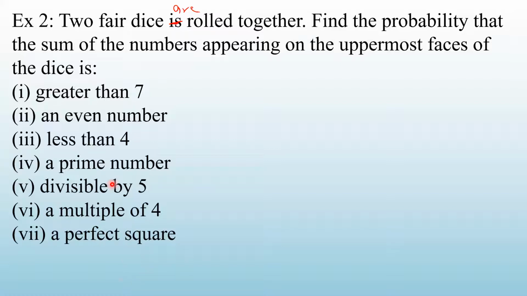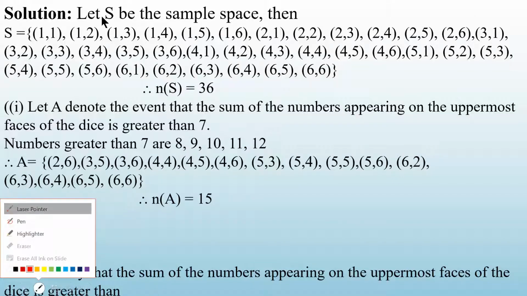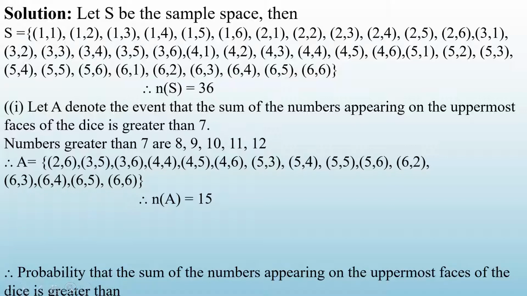So one by one, we are going to take the events. First of all, what are we going to do? Find out the sample space of this experiment. Here we are rolling two dice together, correct? When you are rolling two dice together, you already know the sample space of that experiment. Let S be the sample space. These will be the points in that sample space.